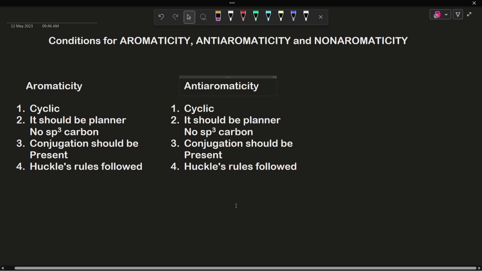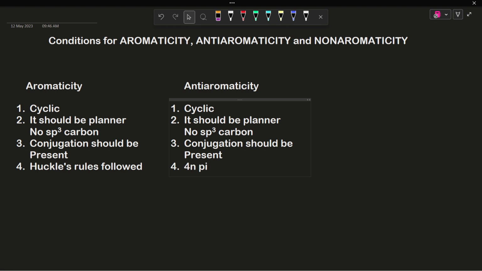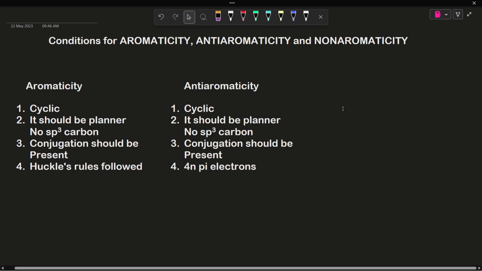There's only one difference: instead of Huckel's rule, there are 4n pi electrons. I will be elaborating the rules. First of all, let me write them down, right?